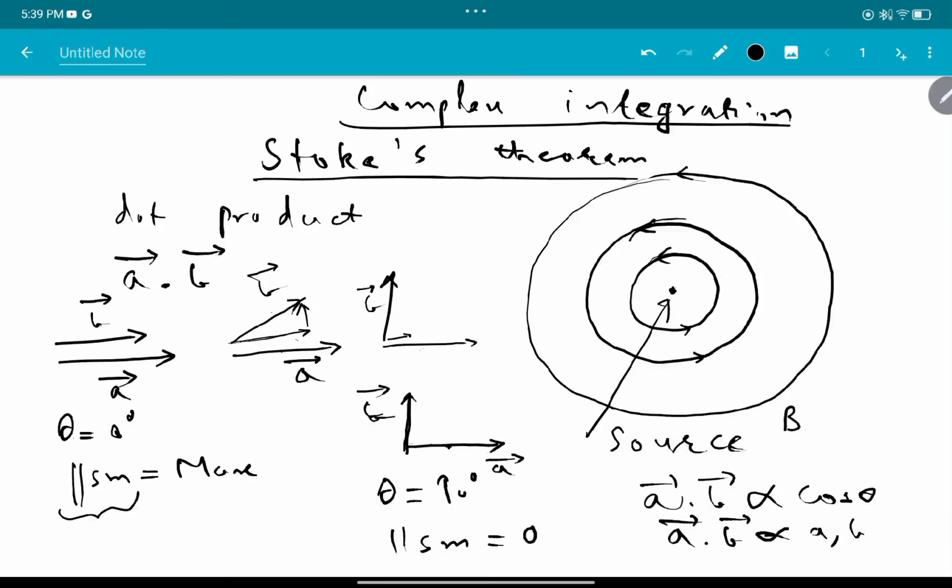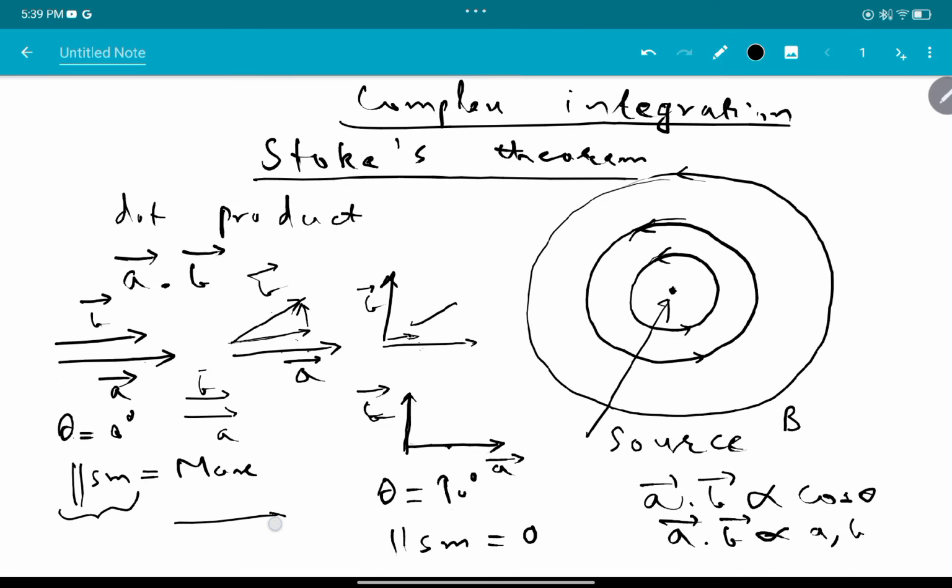Why? For the simple reason, just as you saw, our concept of dot product here is such that we say that the dot product between these two is so less. Dot product between these two is maximum. These two is less. These two is still less. You must have noticed that the smaller the length of this component, the lesser the dot product. This means that if you take two vectors like this, A and B, they are parallel, they have a dot product.